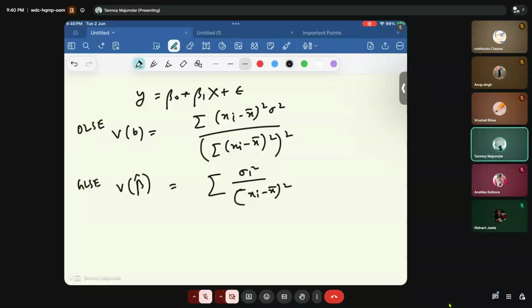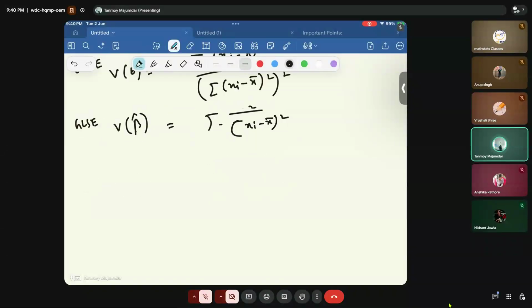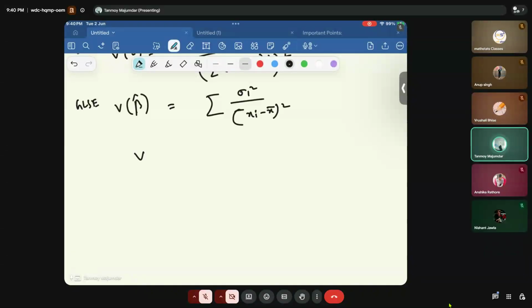Because we are considering weighted linear estimation, that is why sigma comes on top. So basically, if you see, the variance of beta hat is less than the variance of B. If you try it, that will be this.